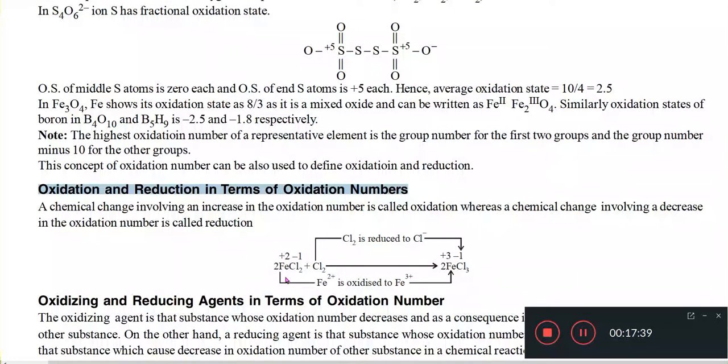Students, as you can see here, the oxidation number of Fe is +2, and here the oxidation number of Fe is +3. So what is happening here? Oxidation number is increasing. If oxidation number increases, then we call it oxidation. So here Fe2+ gets oxidized into Fe3+.